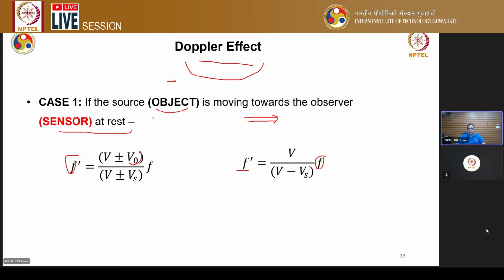You may visibly say that the object is moving towards you, but that is not always possible without using the Doppler effect.